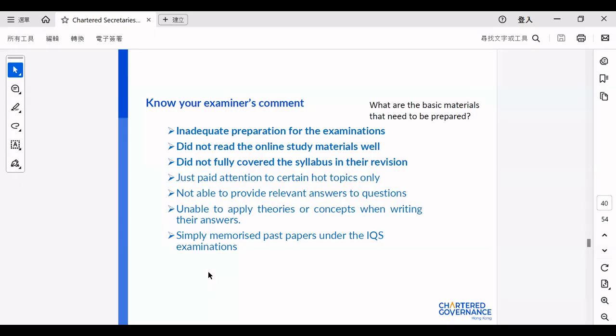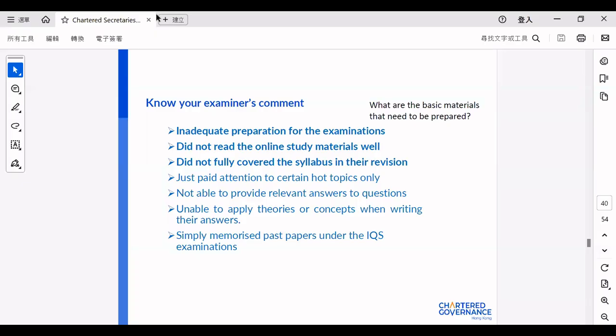I know quite a number of candidates think, oh, I don't have enough time, it's better for me to memorize the marking scheme from 5 years or 10 papers, that would be easy. No. I just read all the things in the marking scheme, hoping that would help me to answer the questions. Try to do some shortcut.